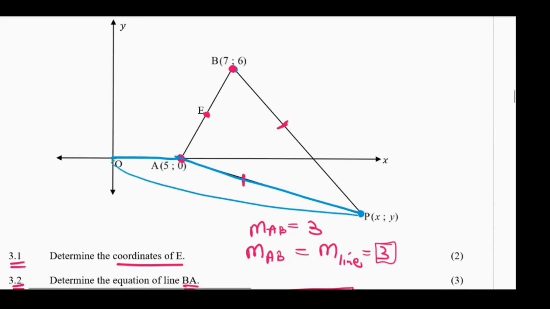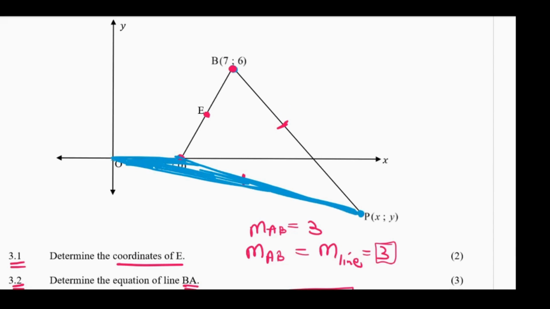Even though my triangle doesn't look accurate, let me just shade it. So this is what we are looking for. We are looking for the coordinates of P, and we are given this area here.